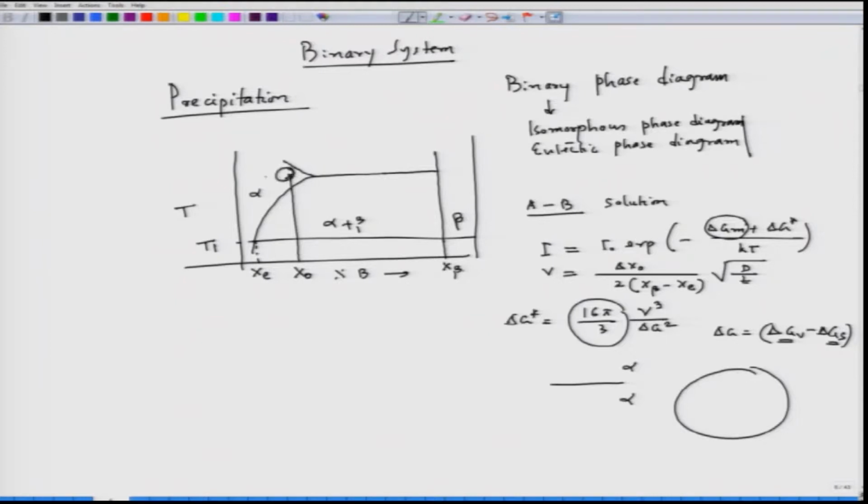If we try to see the alpha phase, the diagram can look like this, where these are alpha grains. And if we try to locate this point, this is the grain boundary of alpha alpha, and there we can have beta formation like this, or we can have beta formation there.